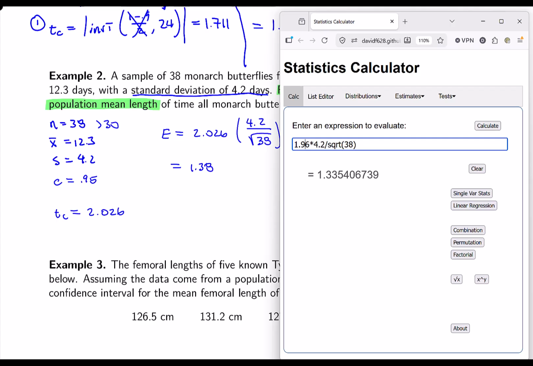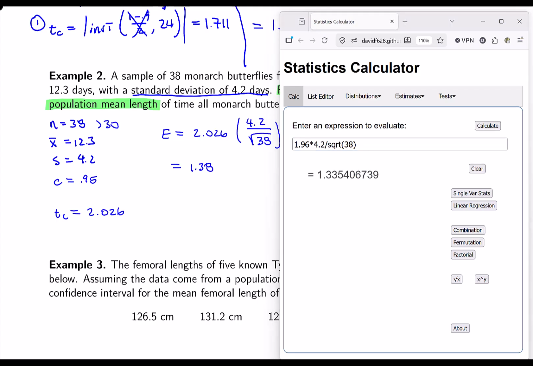And that's always going to be the case. Your t-distribution is always going to provide a slightly wider confidence interval than the normal distribution would. And it doesn't have to be by much.